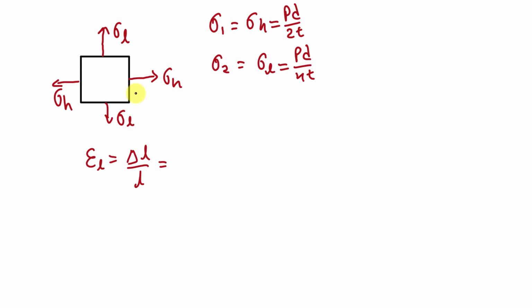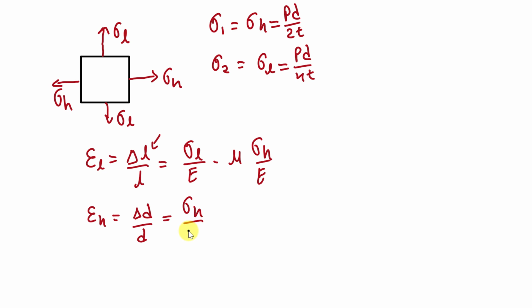But if we know the stresses but don't know delta L, then we have to use the other equation, that is sigma L divided by E minus mu sigma H divided by E. That we have discussed in chapter 2. Similarly, what will be epsilon H? That is delta D divided by D, and that is equal to sigma H divided by E minus mu into sigma L divided by E.